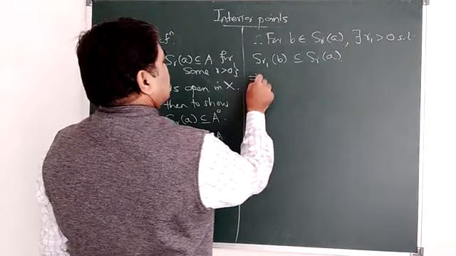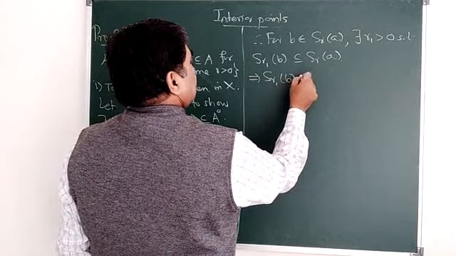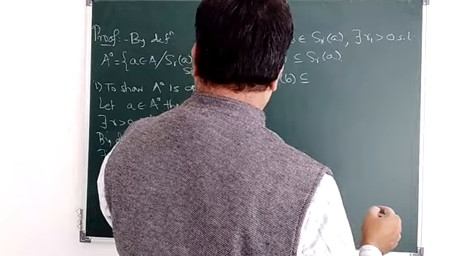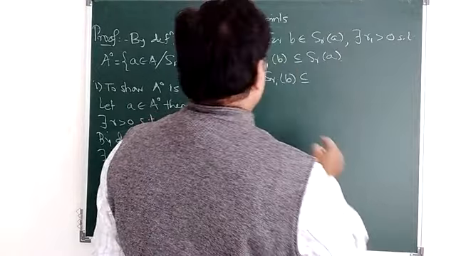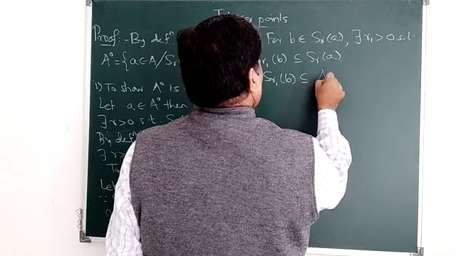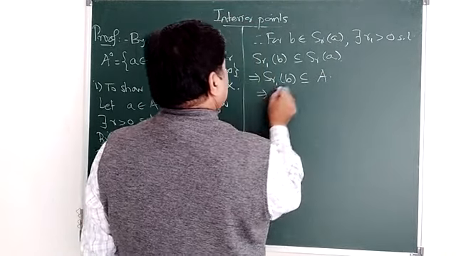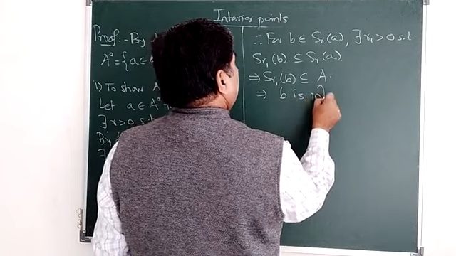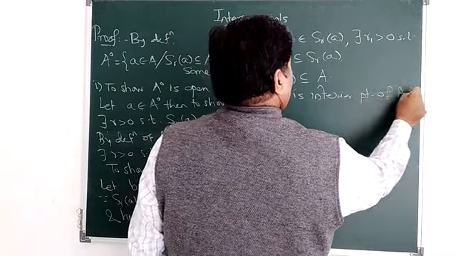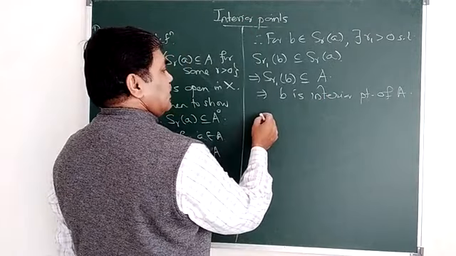This implies S_r1(b) is contained in A. This implies b is an interior point of A, right?